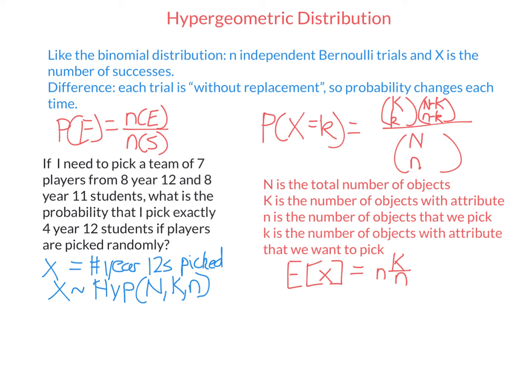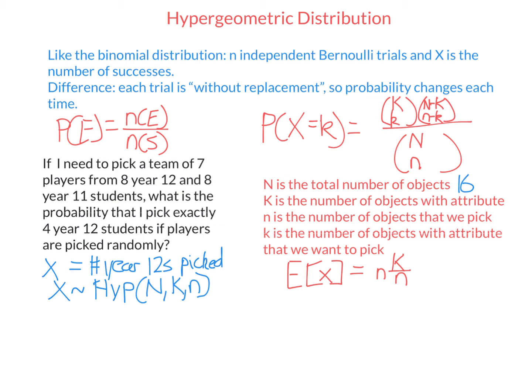So, X follows a hypergeometric distribution with these parameters N, K, n, and k. What do they mean? Big N is the total number of objects. So in this case, the objects are people. N is the total sample size from which you have to pick. So in this case, big N is 16 because we have 16 students to pick from. Big K is the number of objects with the attribute we're interested in.